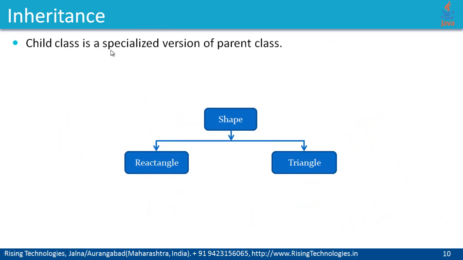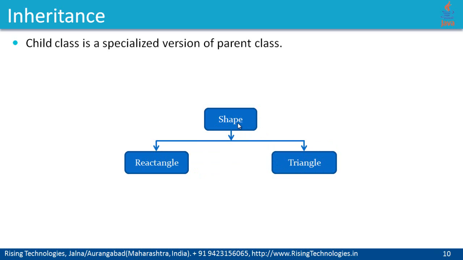A child class is actually a specialized version of a parent class. Now imagine this inheritance hierarchy. I have this class Shape that encapsulates common properties related to all shapes. Now, if I create two different classes, Rectangle and Triangle, and these classes inherit from this Shape class, we can say this Triangle is a Shape and this Triangle is a specialized version of this Shape.